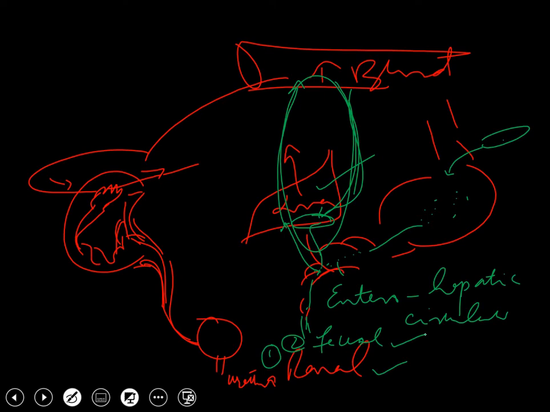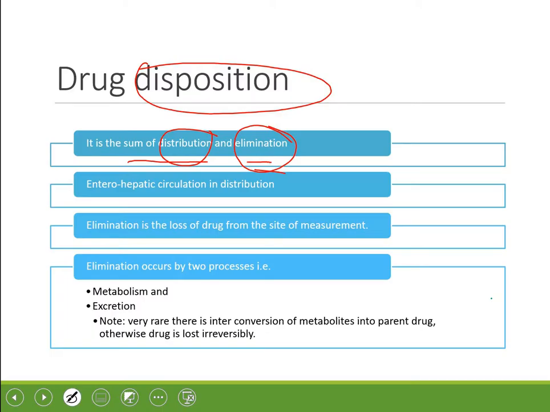So if we talk about the enterohepatic circulation, it means that we talk about the fecal elimination, or the rectal route. It is very important that in elimination we usually consider drug metabolism as well.